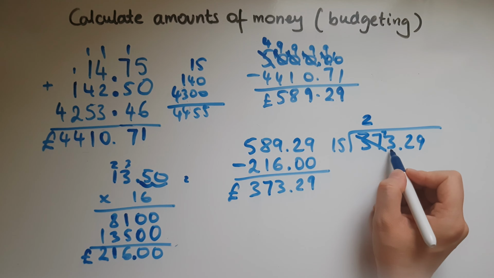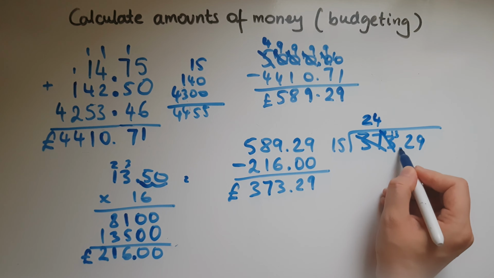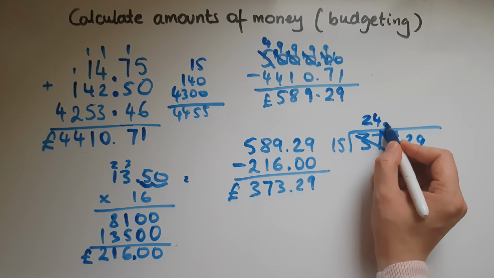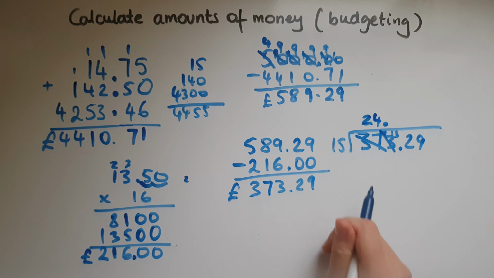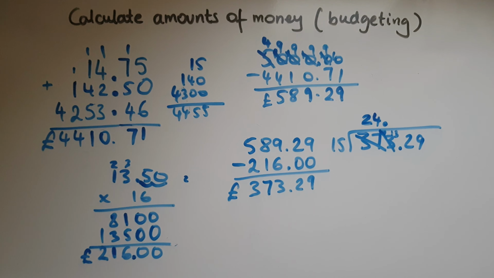That's going to be 4, which makes 60. So we've got 13 left. Now at this point we've got a decimal point, so we've got to transfer it over here as well. So now we need to find out how many 15s would fit into 132, and that's going to be 8 of them.